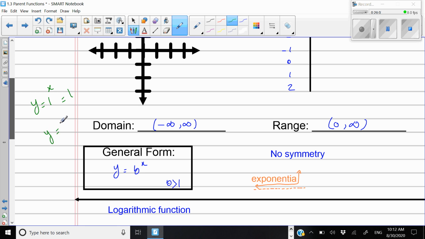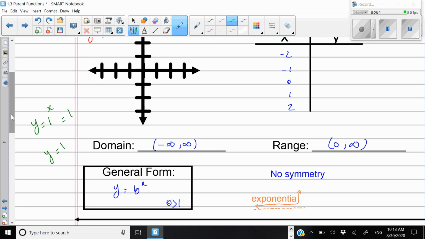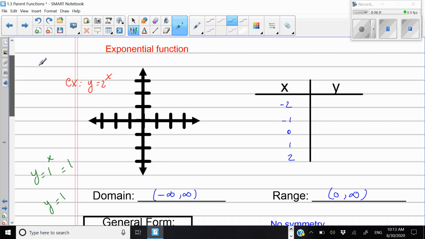So this equation will look like y equal to 1, and that's basically the constant function. So it's not going to be exponential. That's why we need this to be greater than 1. It can never be equal to 1, and it can't be 0 either. Again, 0 to the power of anything is 0, and it doesn't accept negative values either. So only greater than 1.